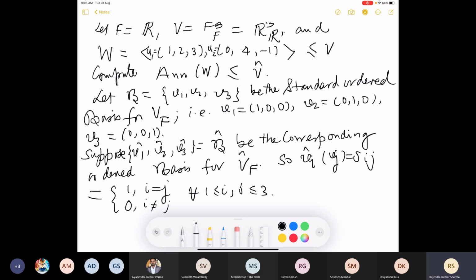What you can see, therefore, is that the annihilator of W is the same as the annihilator of the basis, because if it annihilates every vector, it annihilates the basis vectors. The converse also holds true: if it annihilates every basis vector, it annihilates the subspace as well.